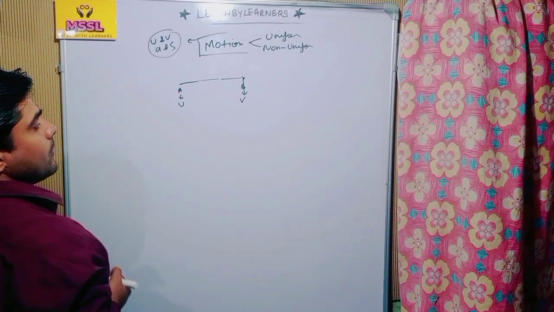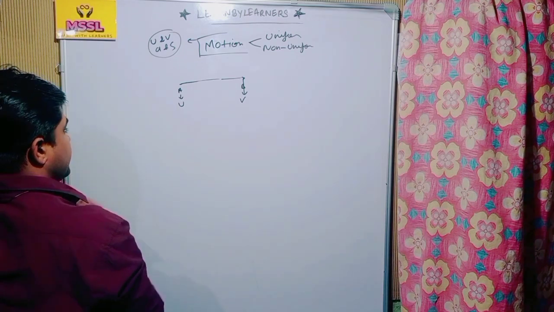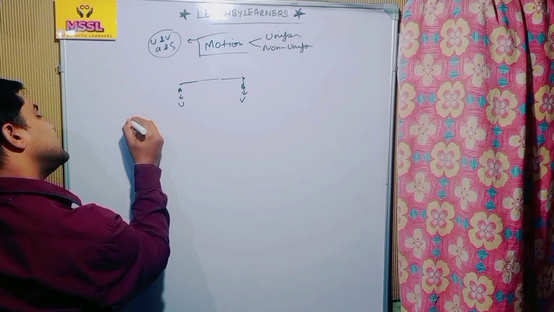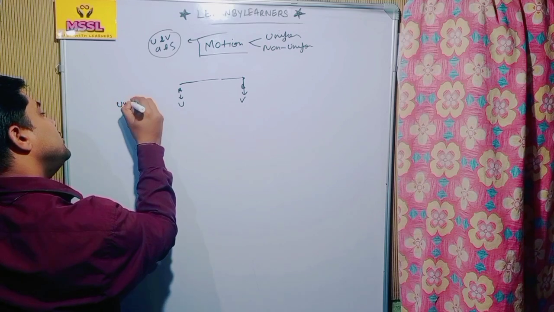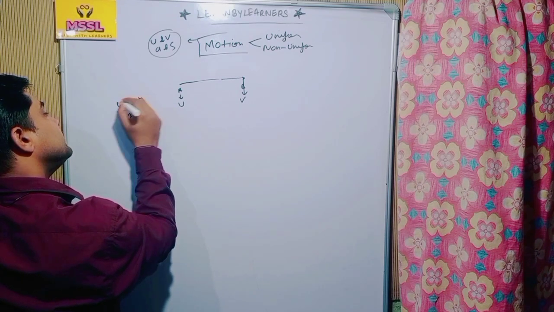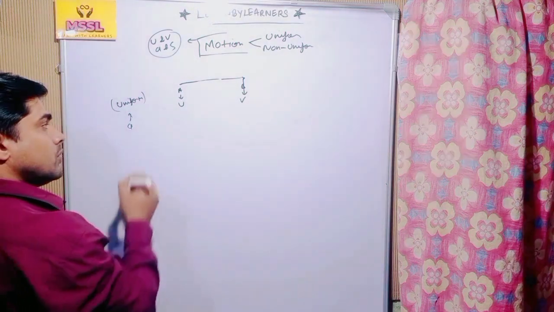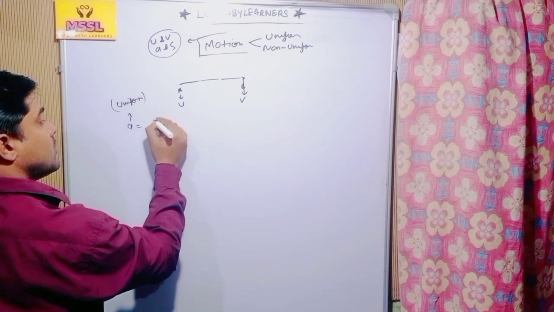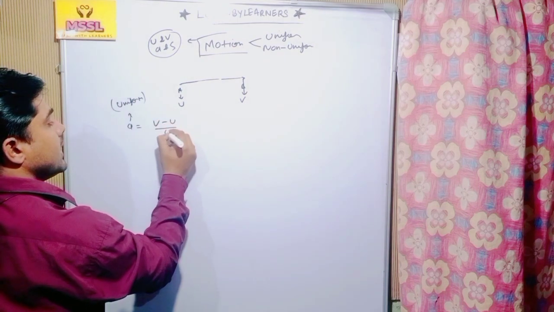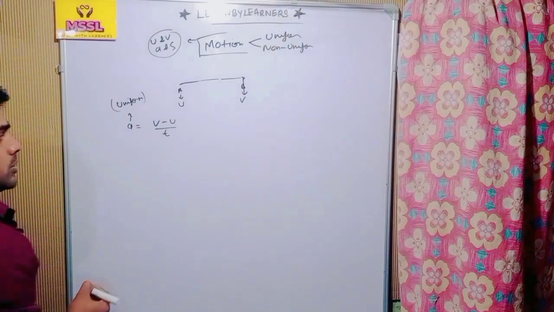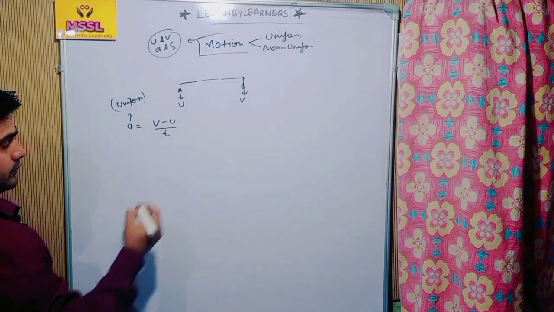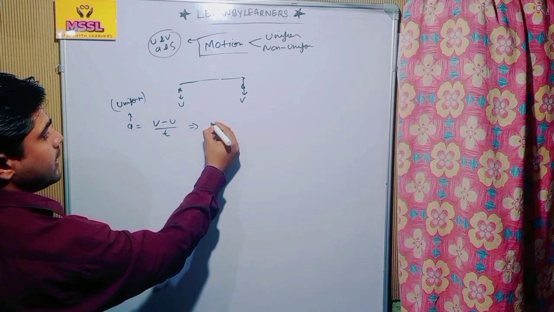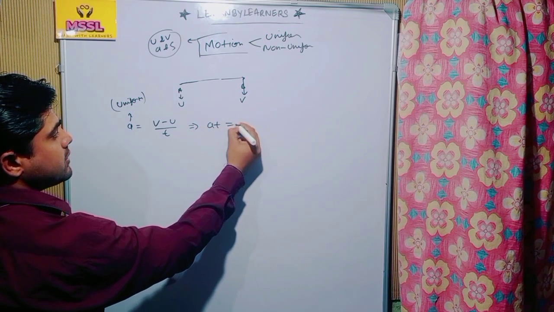If we talk about acceleration, over here this acceleration is uniform, remember. What is acceleration? Acceleration is the change of velocity, which is V minus U, divided by the time taken. So from here, can we write this as A times T equals V minus U?